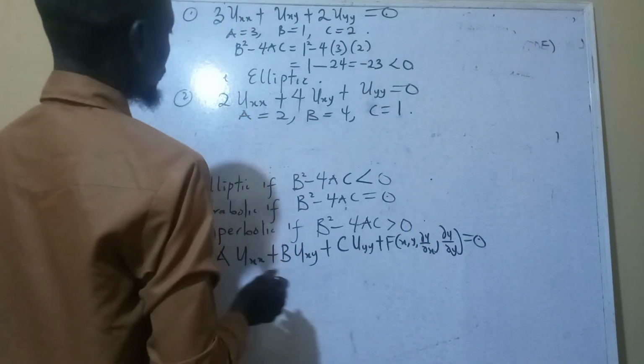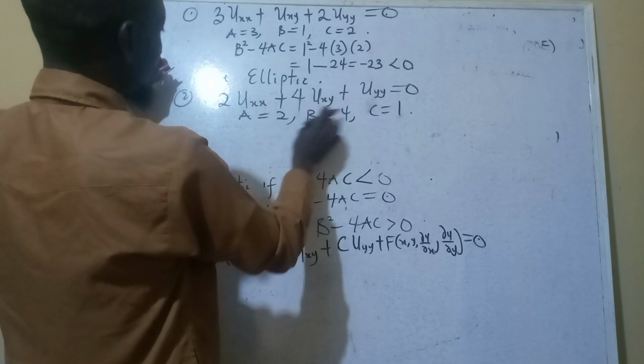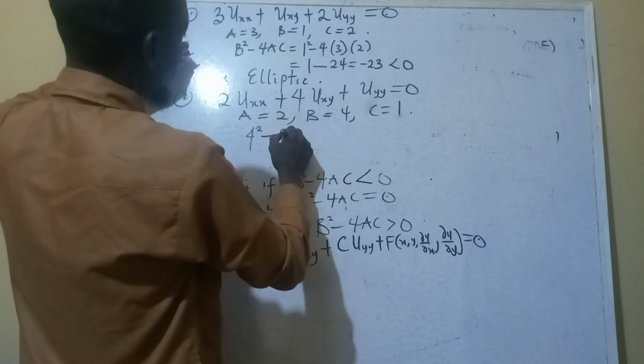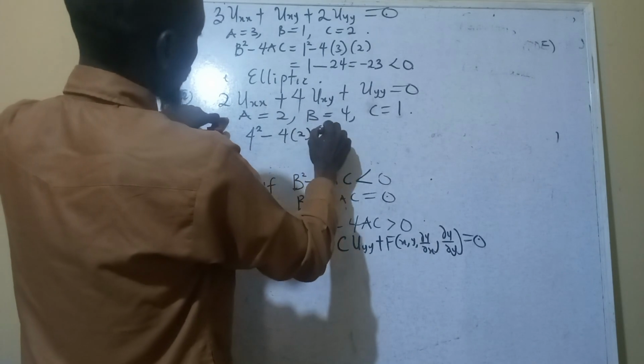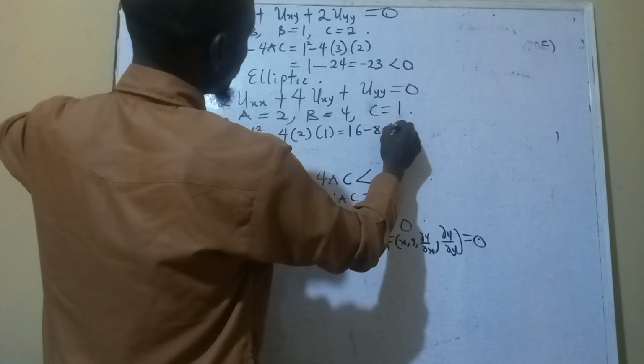Now let me also use my formula. b squared, this one is 4 squared, minus 4 times a, which is 2, and my c, which is 1. This gives me 16 minus 8, which is equal to 8.